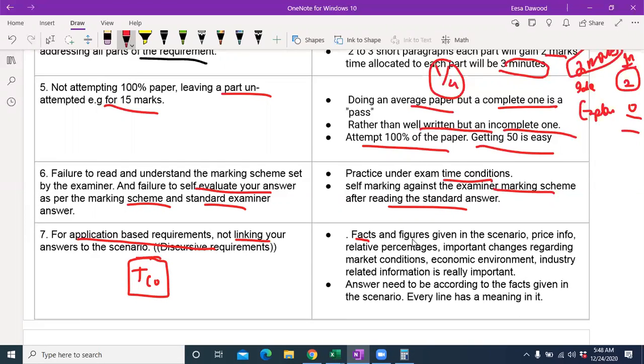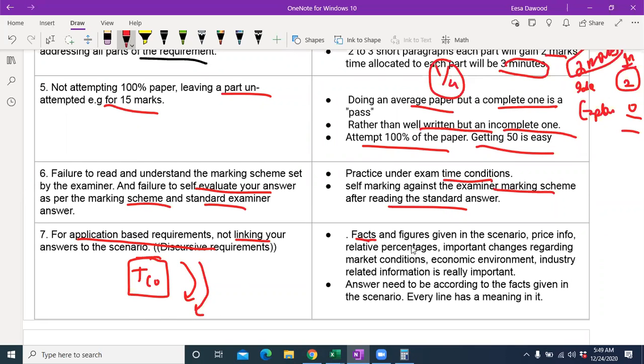Reading the scenario, pinpointing and highlighting important information from the scenario is very key, very critical, because on that basis you're going to link and answer logically as per the requirements for all the parts.